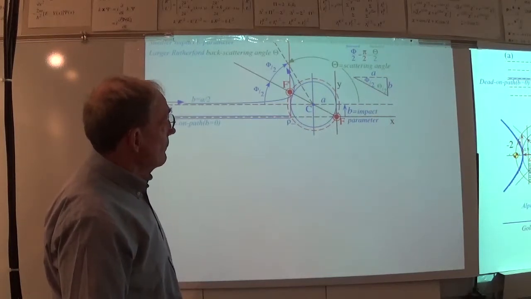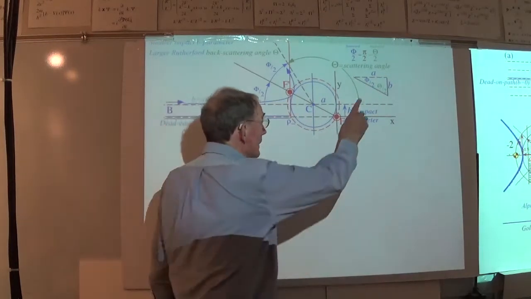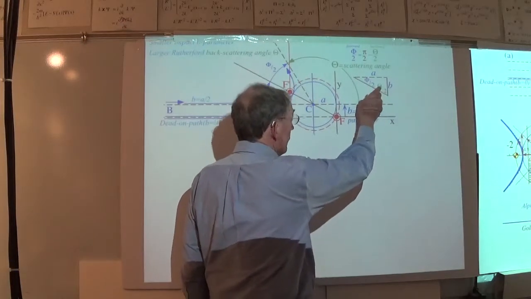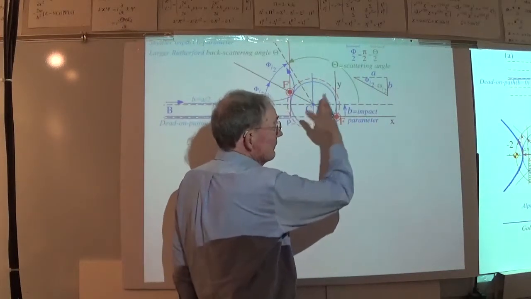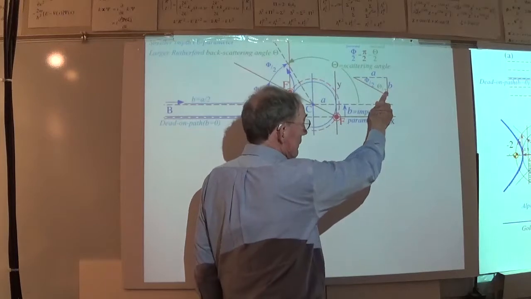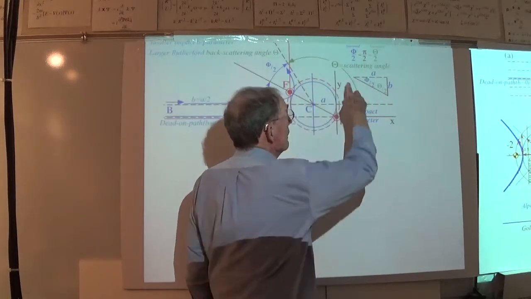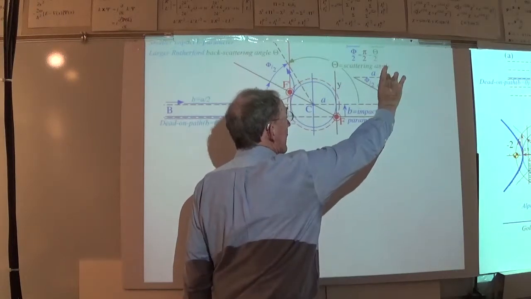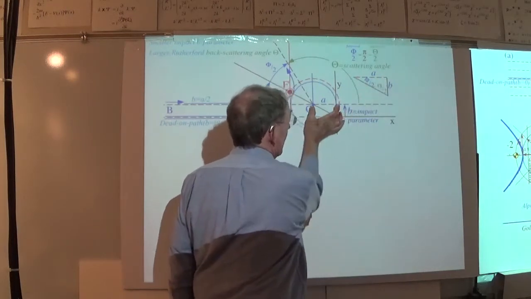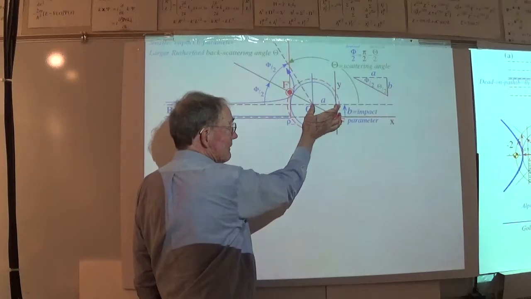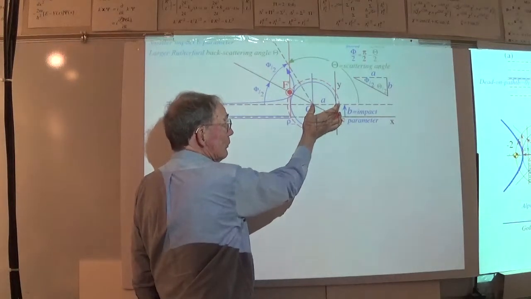Just want to point out, there's a simple little triangle relationship between these two. If the angles are supplementary, then the half angles are complementary. That is, 90 degrees, or pi over 2, is the sum for that. So you have a little right triangle consisting of the impact parameter and then the energy parameter, the thing that goes in k over 2a.